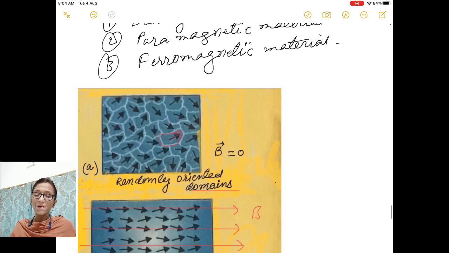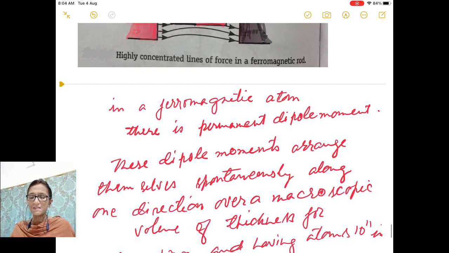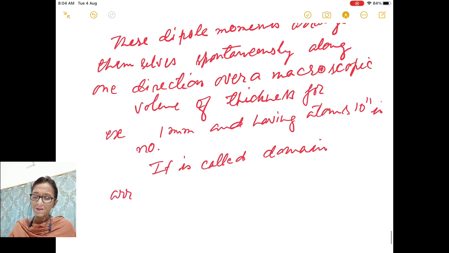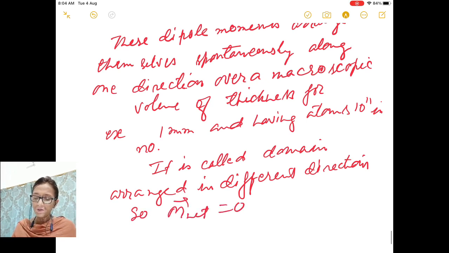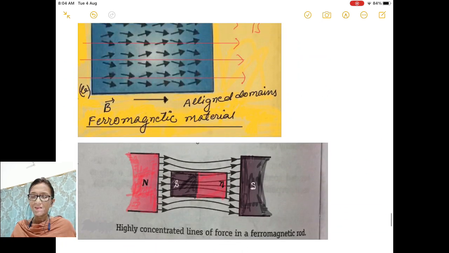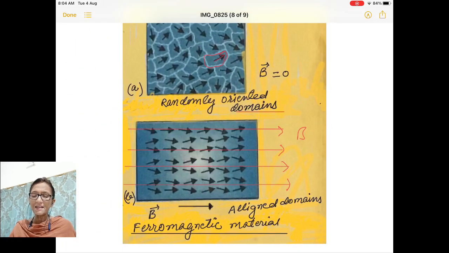Now when these domains are arranged in different directions, the net magnetization is equal to 0. But when such material is placed in an external magnetic field, two things happen. Firstly, the domains arrange themselves in the direction of the magnetic field.